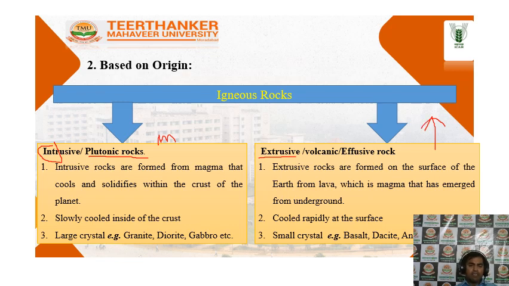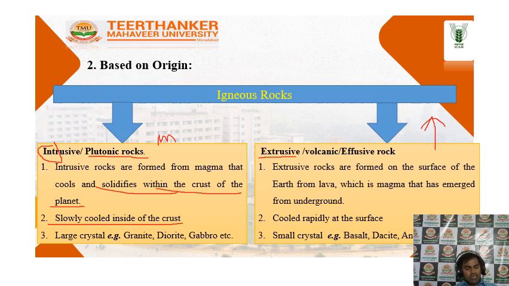What are the properties of these intrusive and extrusive rocks? Intrusive rocks are formed from magma that cools and solidifies within the earth's crust. It means the magma solidifies within the earth crust and does not come above the surface. Second, it cools slowly inside the earth crust because sunlight and the open effect of nature do not reach it.